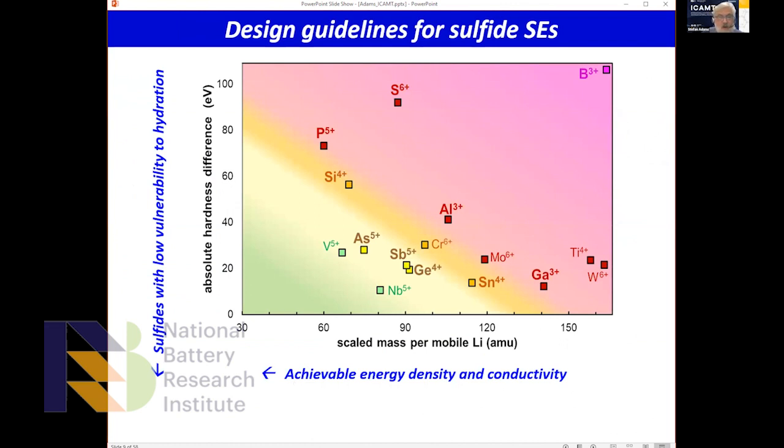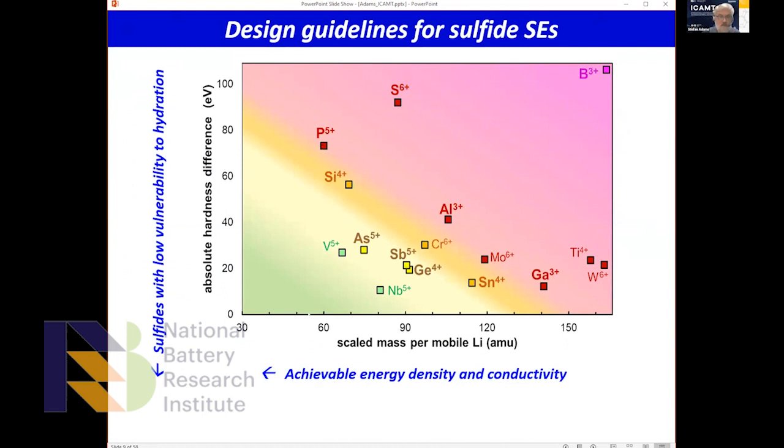When you want to optimize your sulfide-based solid electrolytes, it should be light so that it doesn't harm the energy density too much, but at the same time, it should not react with water too much.